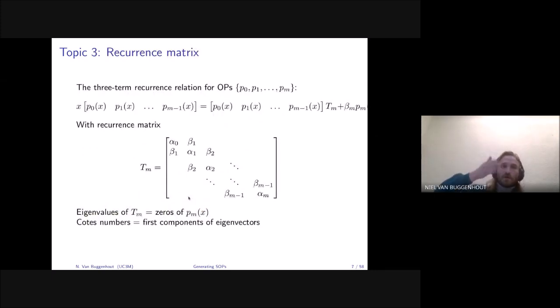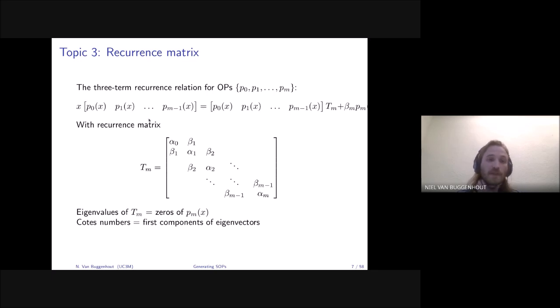Now, if we group all these polynomials together in a vector, and we multiply by x on the left, then we can rewrite this as the same vector of polynomials multiplied by a matrix Tm, which is a tridiagonal symmetric Hermitian matrix of size m by m, plus one term, beta m times Pm(x), generating the next polynomial in line.